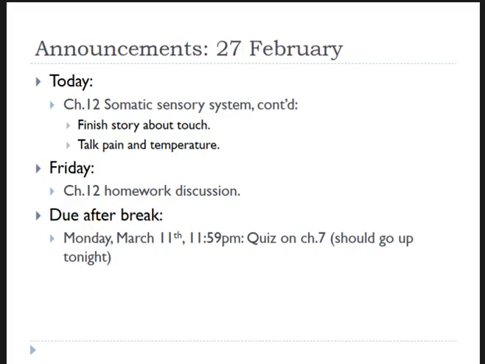Oh, and then what we're doing after break also is, there's only one more chapter in this unit. It's a smaller unit. The somatosensory system chapter is the biggest, I think, and there's a lot of info in that chapter. But what we'll be doing when we get back is a little bit of Chapter 11, which is the chapter right prior to this one, and that's going to be just a bit on the vestibular system.